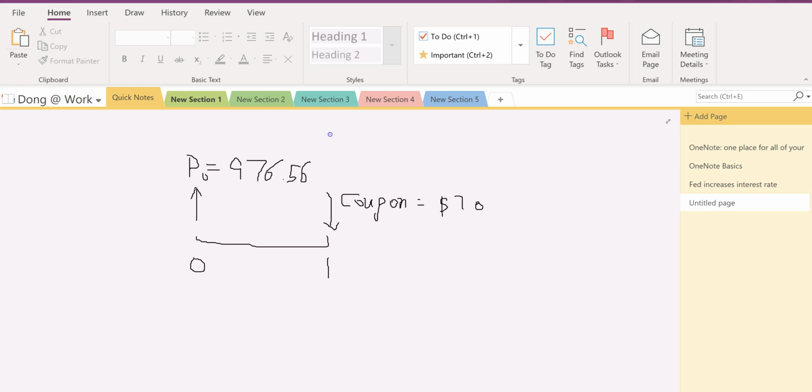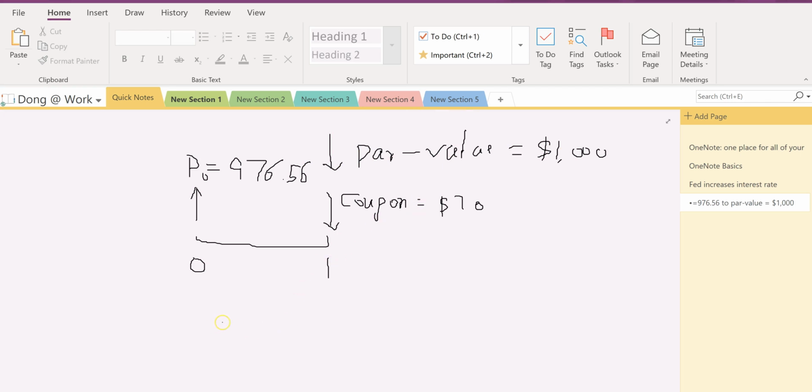And in addition to this, he is also entitled to the face value, or the par value. Face value is par value, same. That equals 1,000. So he's entitled to these two cash flows.